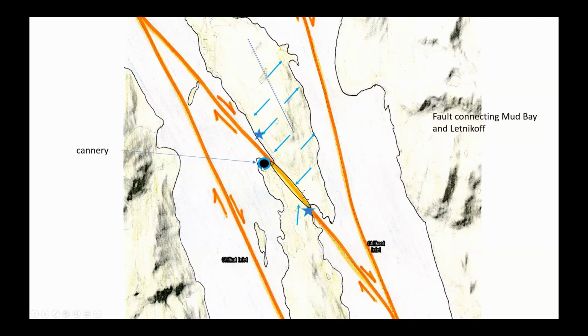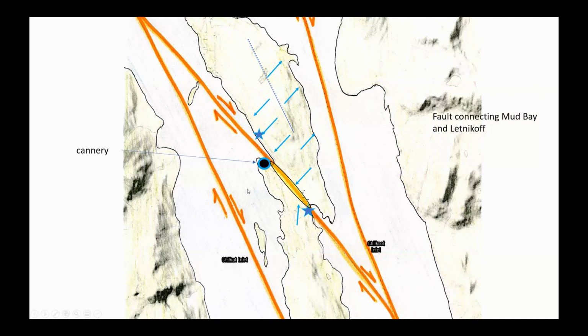So now look, here's where the cannery is. So I'm going to go back in time on this fault. So this fault, see, I've got these little arrows as to which way the land is moving. Remember, a fault is two blocks of land that are moving in different directions and they're rubbing up against each other.